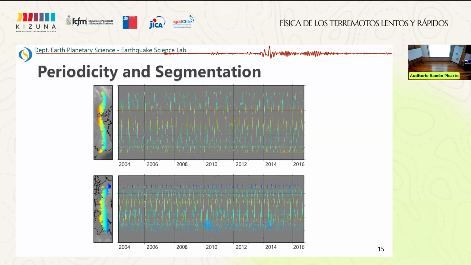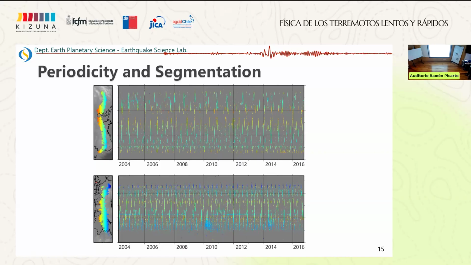And they occur at nearly the same time, not completely the same, but there is some pattern. Maybe the occurrence interval is about half a year or 3 months. Or in some places, it occurs more continuously, almost every day. So these are spatial characteristics. There is some location specific behavior of tectonic tremor.